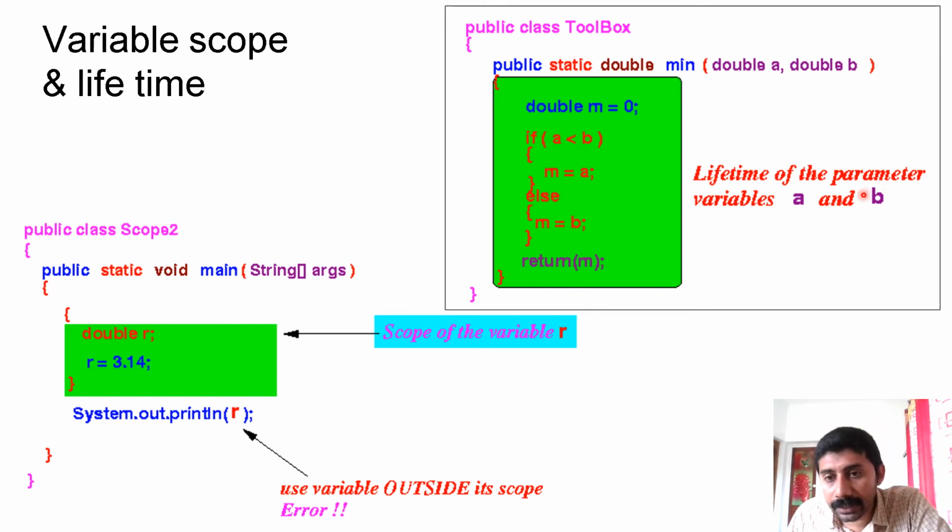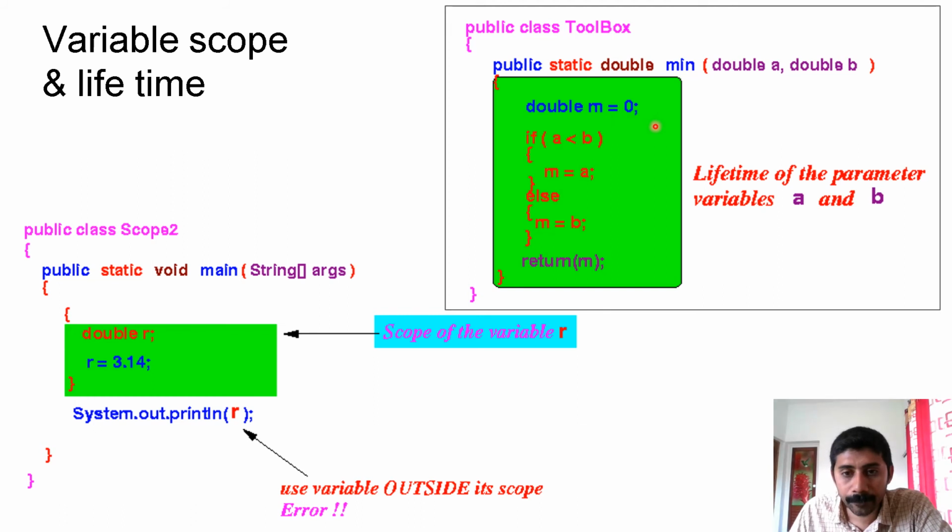Lifetime of the parameters a and b: the arguments a and b are valid in memory only during this period of execution. Once my execution completes this function and returns from it, these two variables a and b are not valid in memory. They are deleted from the memory, or their lifetime ends.